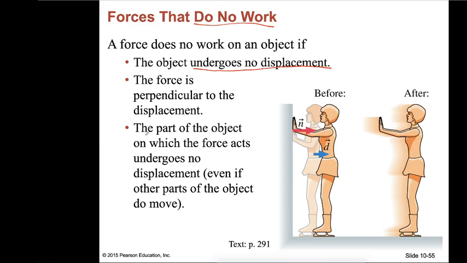In the third situation, the part of the object on which the force acts undergoes no displacement, even if other parts of the object are moving. Then d is 0, so there's no work done on the system.